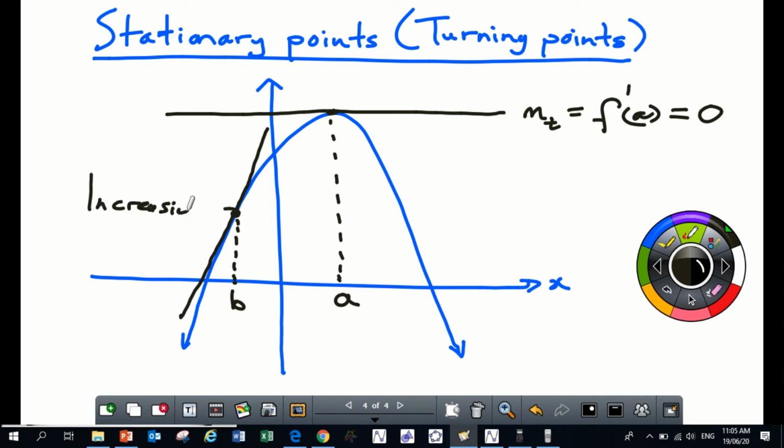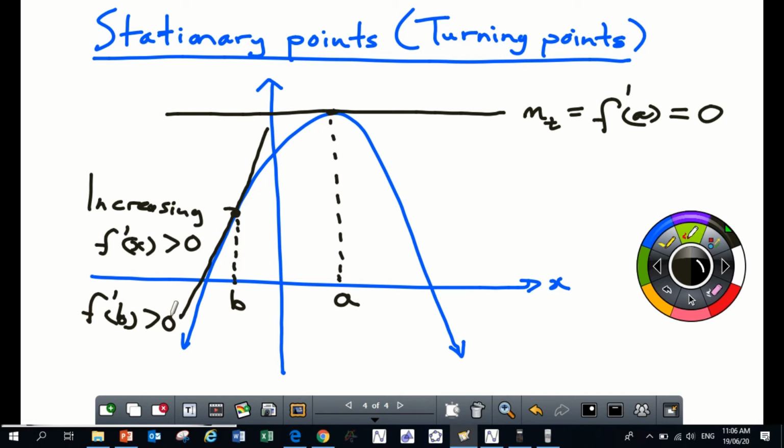Therefore f prime of x will be greater than 0. Also, f prime of b will be greater than 0. Remember, b is an x value. So if you substitute the value of b into the first derivative, which is a linear function, you get your gradient, and that gradient must be positive, in line with the definition of an increasing function.